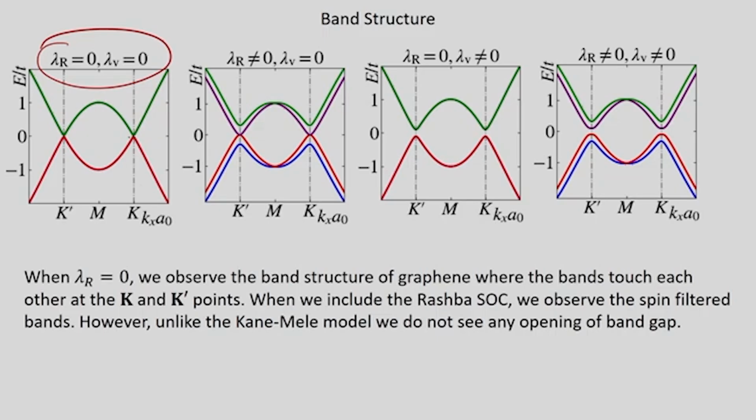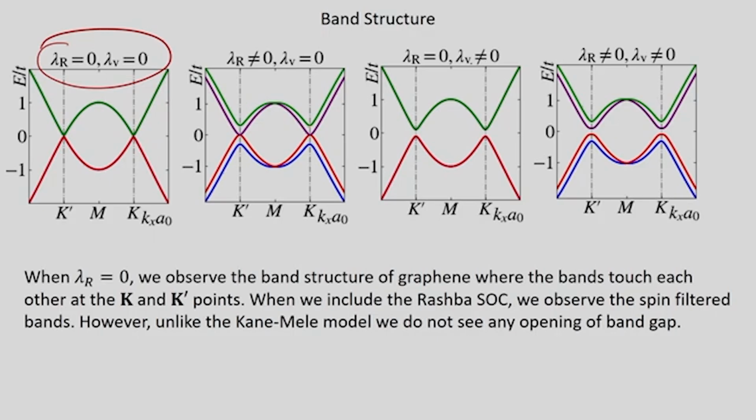Once one switches on lambda R, the bands still touch, but the conduction band and the valence band become spin resolved. The ones you're seeing in blue and red are spin resolved valence bands, and the magenta and the green correspond to the spin resolved conduction bands.